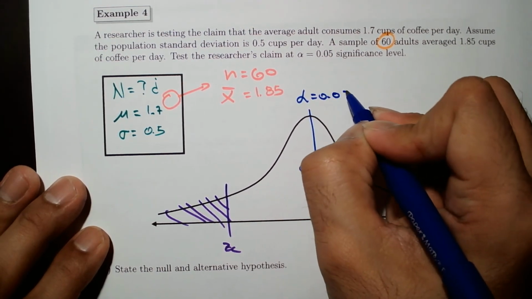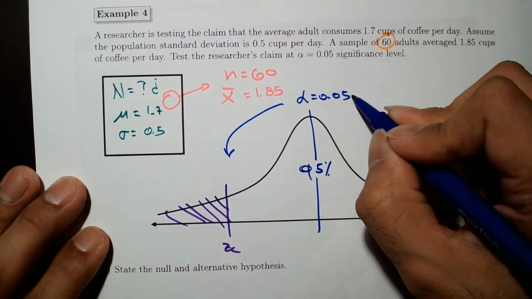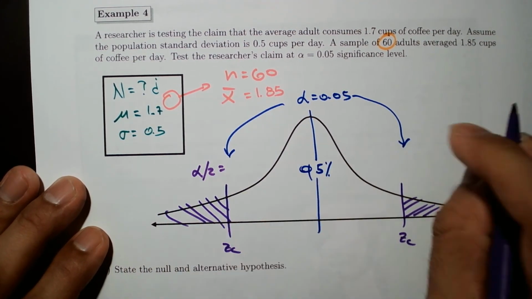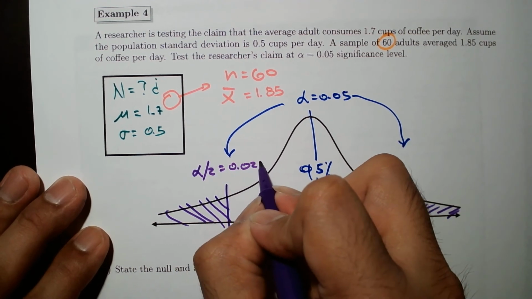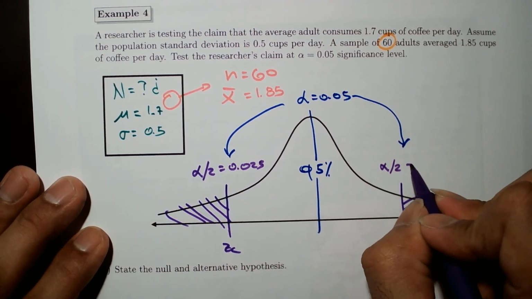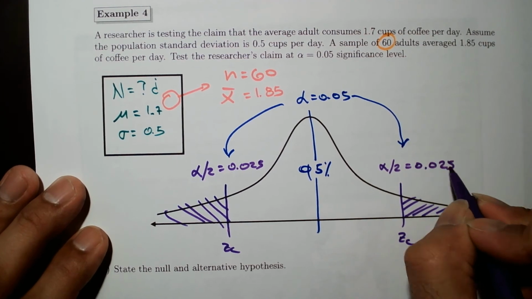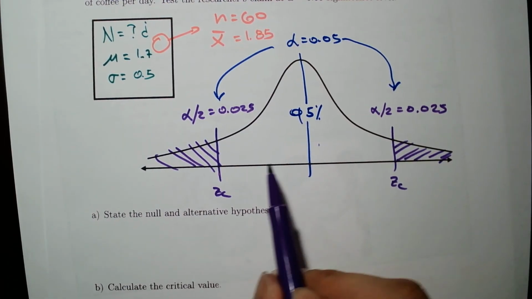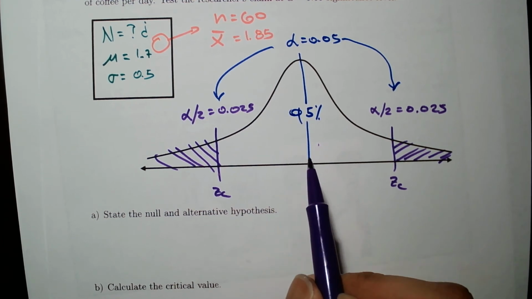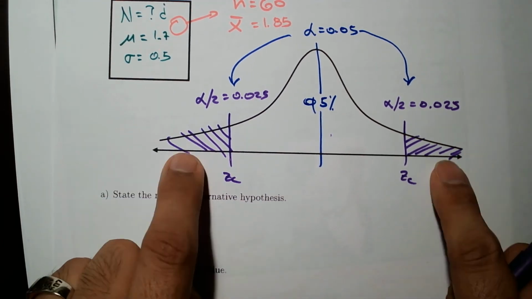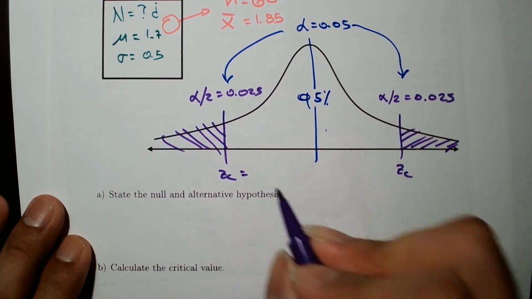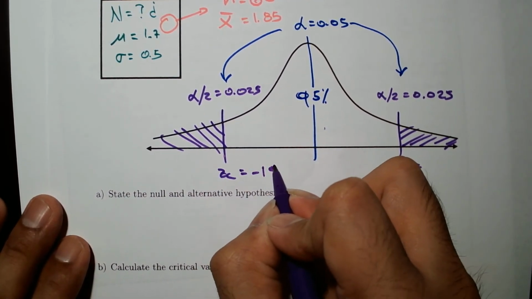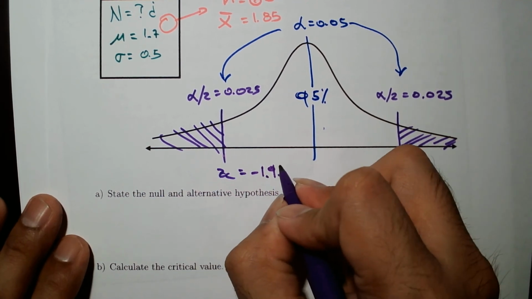Alpha 0.05 is being split in 2, so alpha over 2 equals 0.025. Whatever falls within this region is going to fail to reject the null hypothesis. Whatever falls within this region is enough evidence to actually prove that wrong.